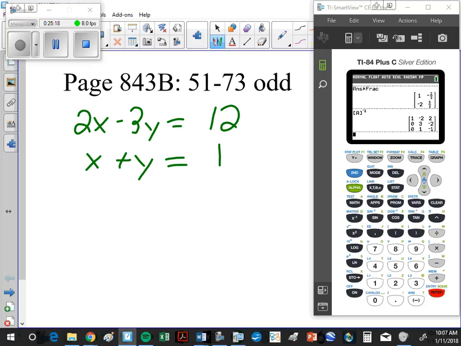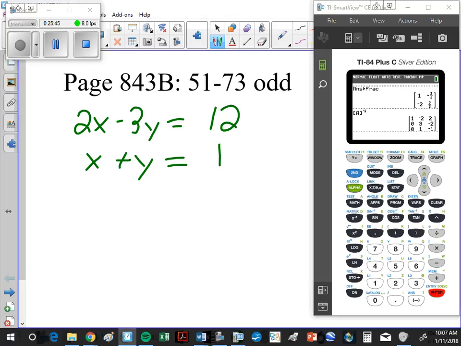Now normally, we turn this into a 2 by 3 and we do RREF. But today your RREF button is broken. I disabled everybody's. Well, the first part you don't need it. The first part you're just using the inverse button. So I have gone through and disabled everybody's RREF button. What are we going to do?